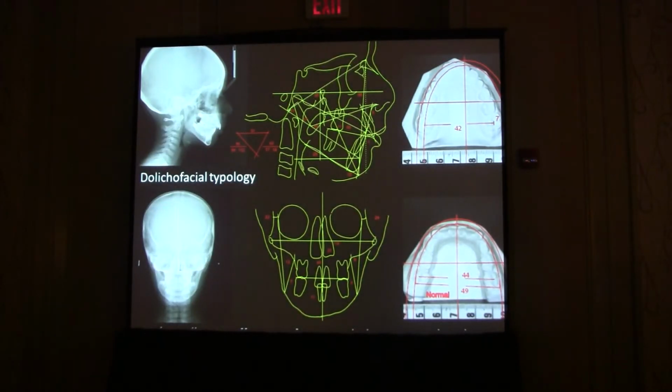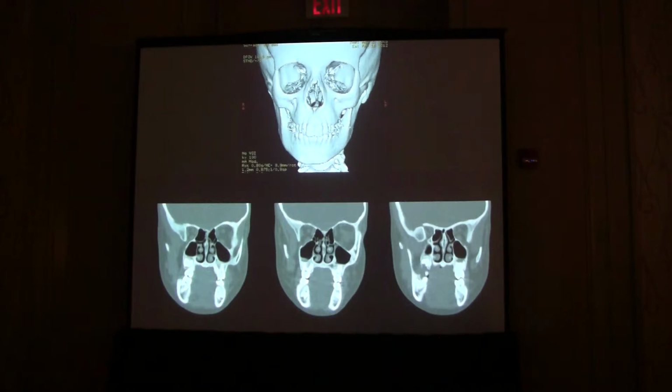A skeletal class 2 with a dolichofacial typology and a transverse maxillary deficiency of 7 mm, both basal, 4 mm, and alveolar, 3 mm. The cone beam exam confirms the maxillary deficiency, both basal and alveolar, and the mandibular alveolar insufficiency.